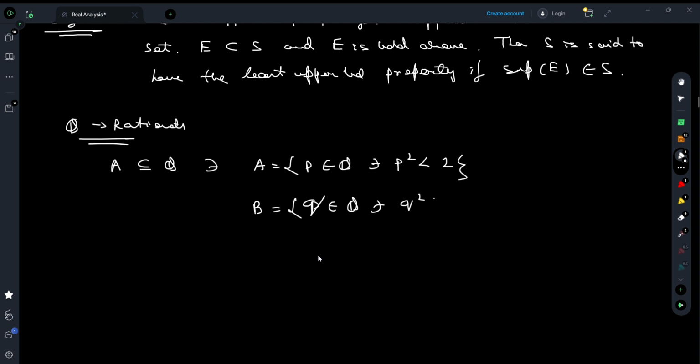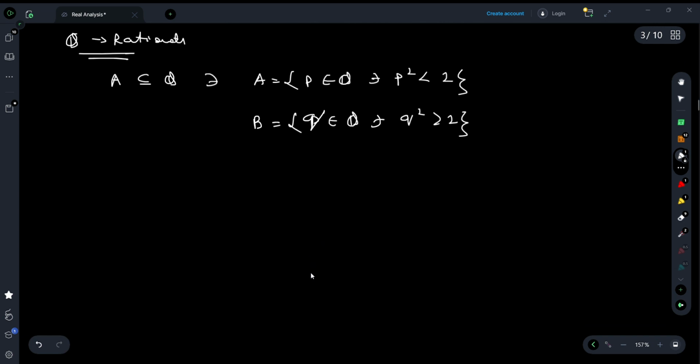And we take the set B of all the rationals q such that its square is greater than 2. Clear?